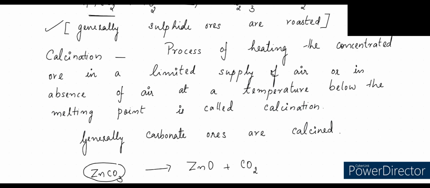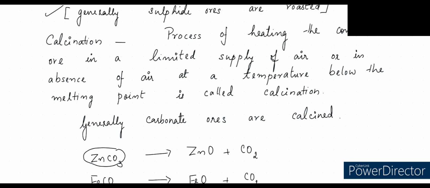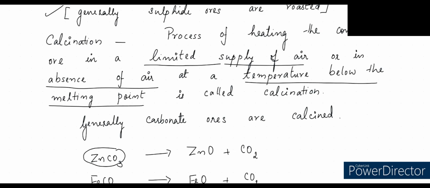Calcination is the process of heating the concentrated ore in a limited supply of air or in the absence of air. So one of the key points is limited supply of air or absence of air. The second key point is at a temperature below the melting point. It's compulsory to write below the melting point of the ore.